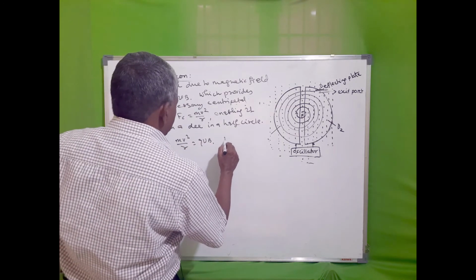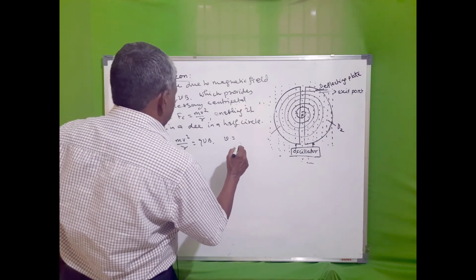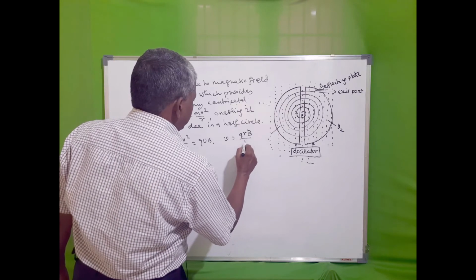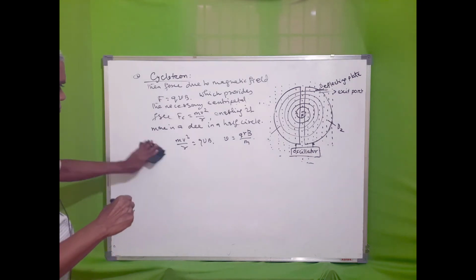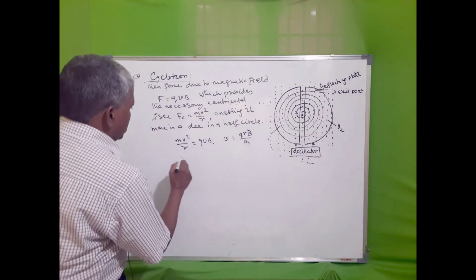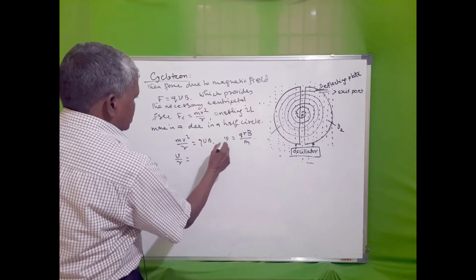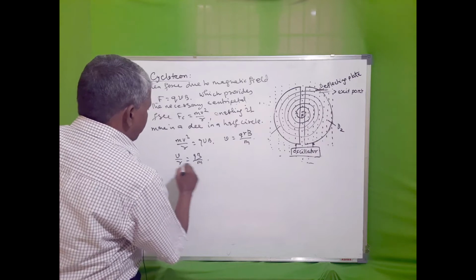Or v is equal to qrB by m, v by r is equal to qB by m.